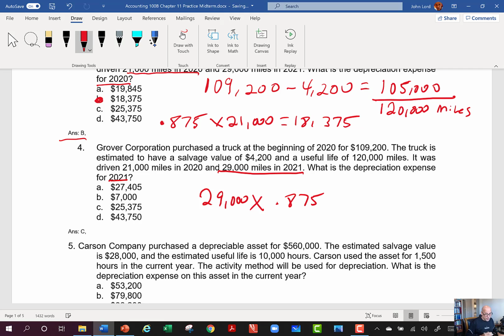That's a time saver, but be careful what you wish for, because now you had to get question 3 correct to get question 4 correct here. So that's 23,375. Okay, all right, good.